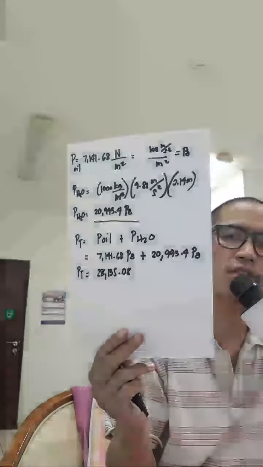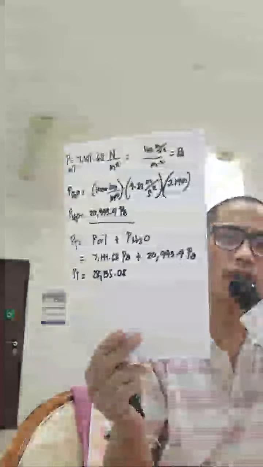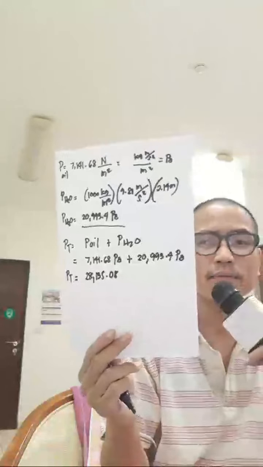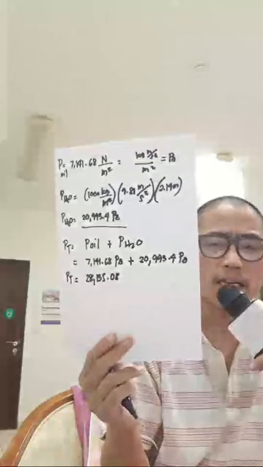So, total pressure is equal to the pressure of the oil plus pressure of the water. We will just add them directly. So here, since the oil and water is inside the tank, automatically if we have a pressure gauge attached or installed in the tank, this is also the gauge pressure of the combination of the oil and water, because they are mixing with each other.